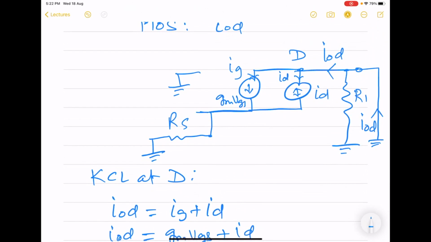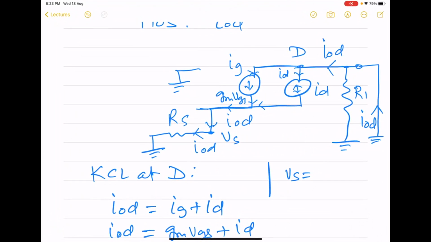Now these two currents again merge here at the lower end, at the source, to reproduce IOD, which ultimately flows through RS. So this source voltage that we see here, Vs, is because of IOD flowing through RS.